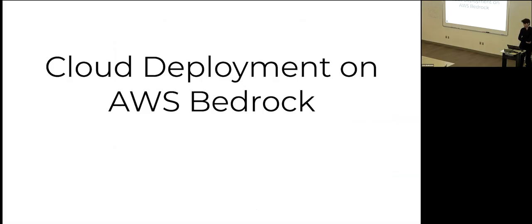My job was to take that pipeline, deploy it on AWS Bedrock, and answer the question of if you want to run a RAG system on the cloud without managing any GPUs, which LLMs should you be using? If you're not familiar with AWS Bedrock, it's Amazon's managed inference service.